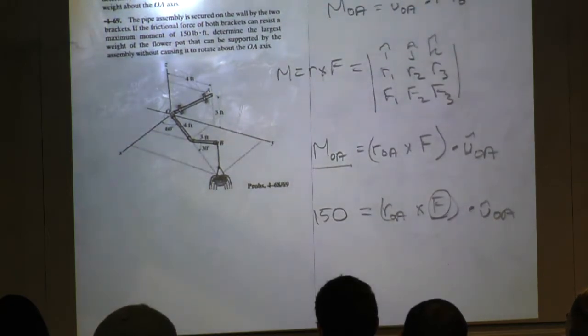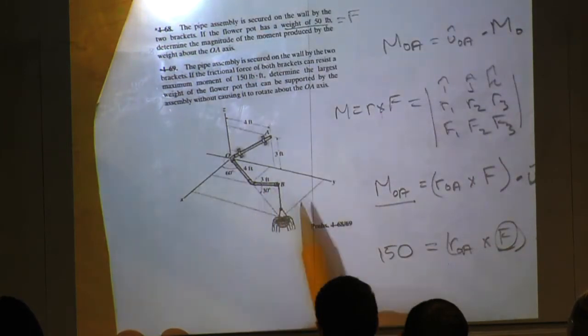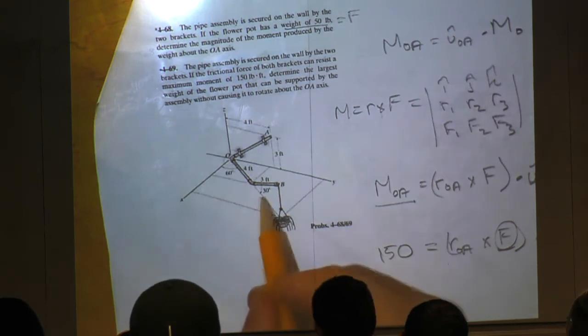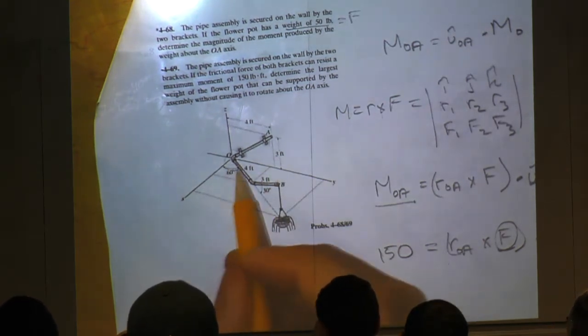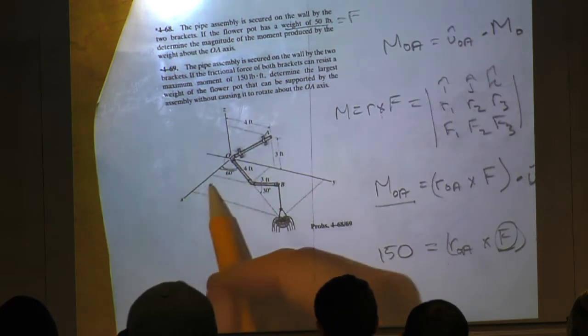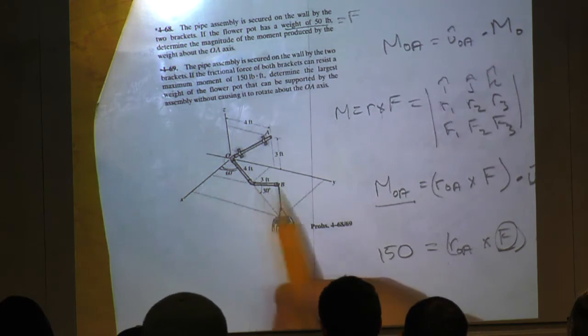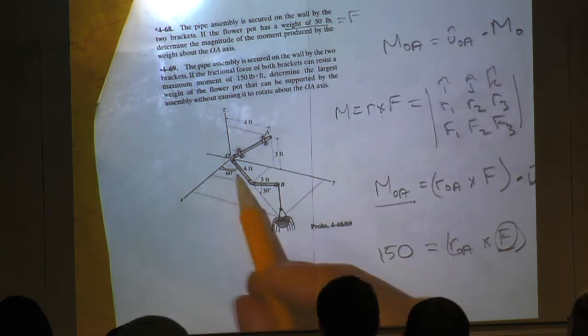Only thing I would say is when we're figuring out our angles between our component and our axes, if we're using angles in the x and y, like here we have 60 degrees. This is in the xy plane, that's 60 degrees. So if we want to deal with this portion of B right here, we need to get it down into the xy plane, and then we can use the angles that we're given.